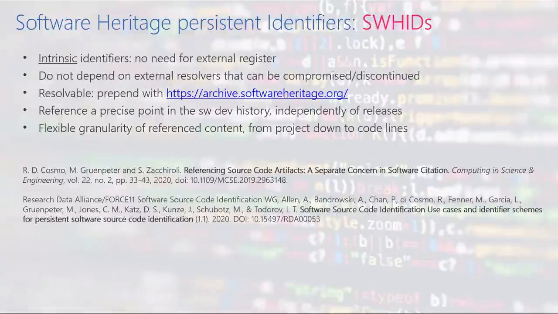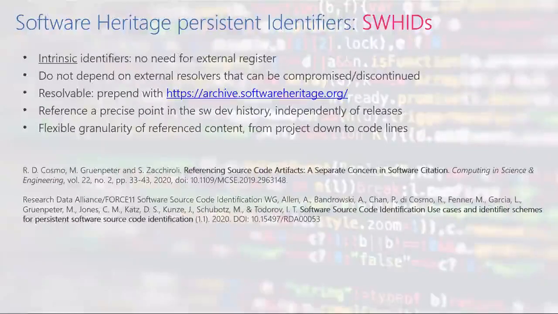The SWHID is the result of quite a long work between several institutions, a common work between the Research Data Alliance and FORCE11, which has long-lasting work on this domain. The idea of the SWHID is to provide an identifier that they call intrinsic, as opposed to extrinsic. Intrinsic identifier means it doesn't need any external register for resolving.